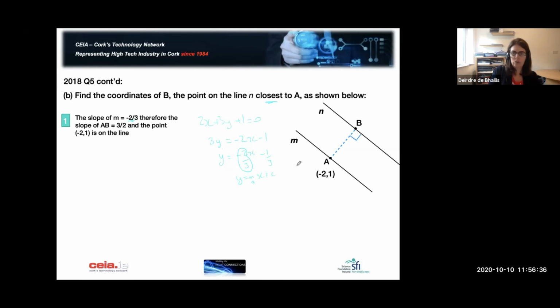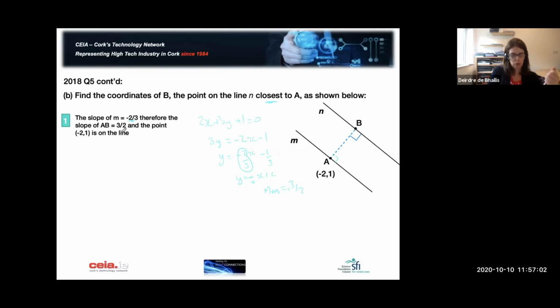And so we know that AB must be perpendicular to M. And so, because we have a right angle here as well, if it's perpendicular, then the slope of AB must be equal to, turn this upside down, and changing the sign is giving me a plus. So that gives us the slope of AB.